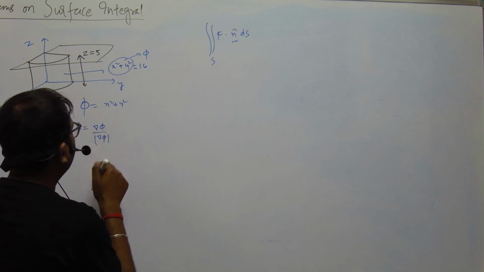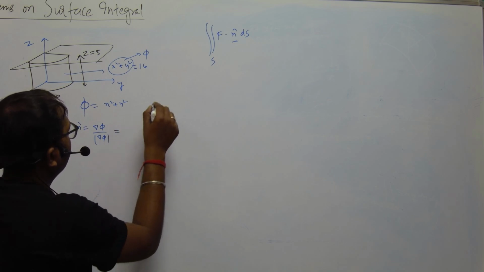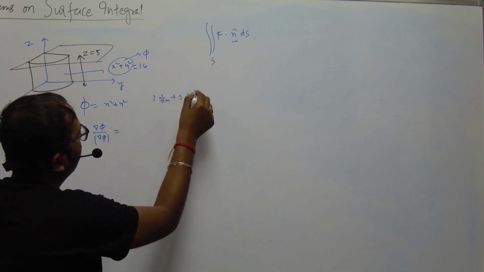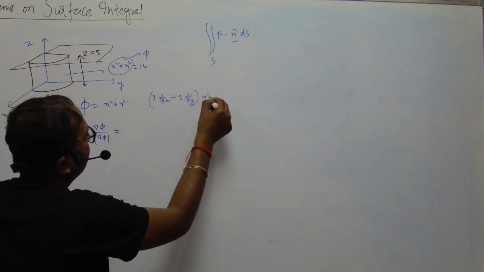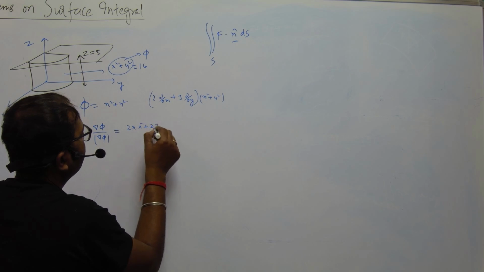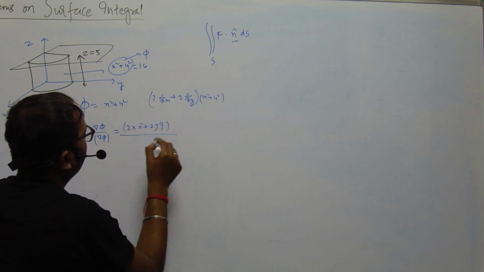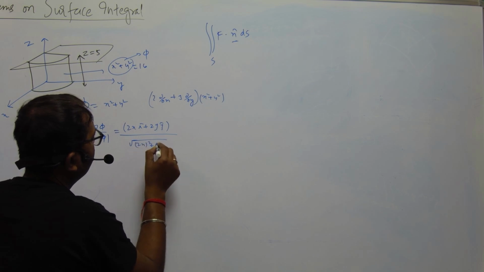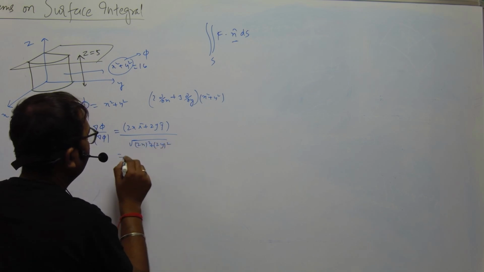We have del phi is equal to i del upon del x plus j del upon del y applied to phi, where phi is x square plus y square. This is 2x i cap plus 2y j cap upon the square root of (2x) whole square plus (2y) whole square.